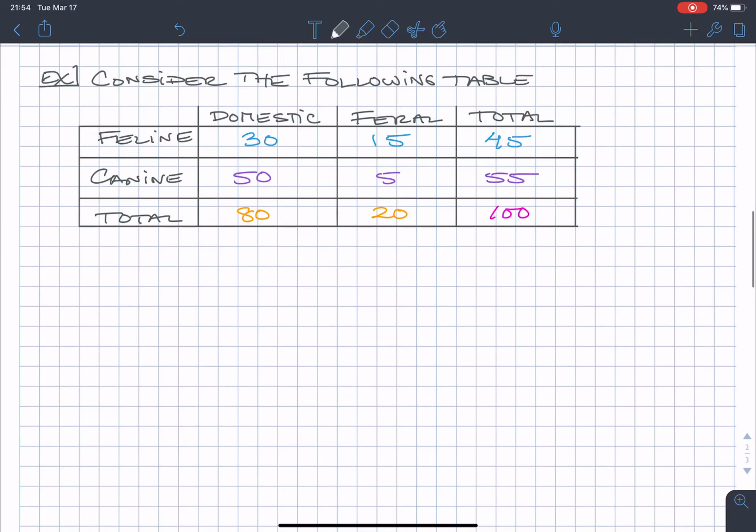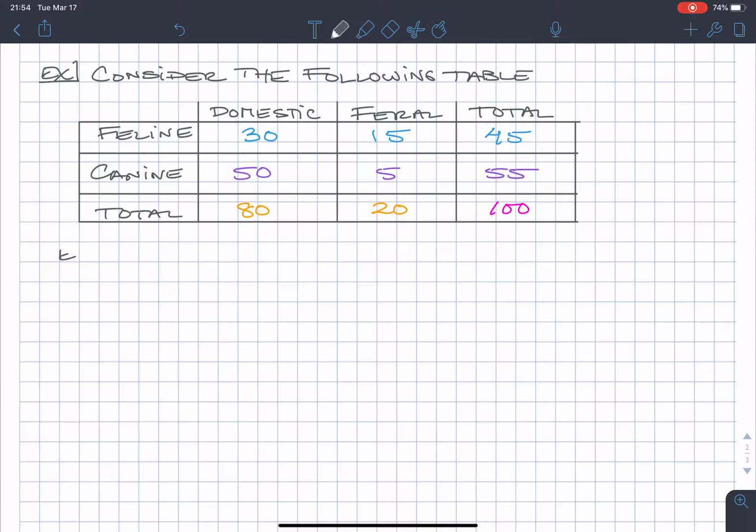So what I want to do is evaluate the following. Number one, what is the probability of being feral given that you're a canine?